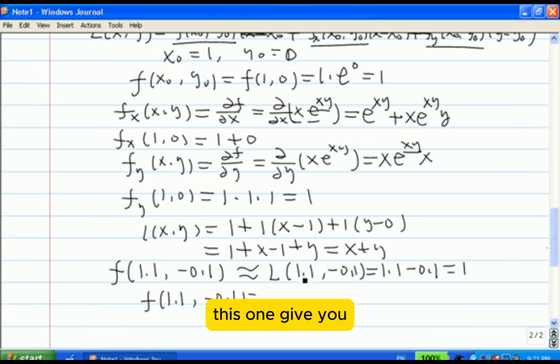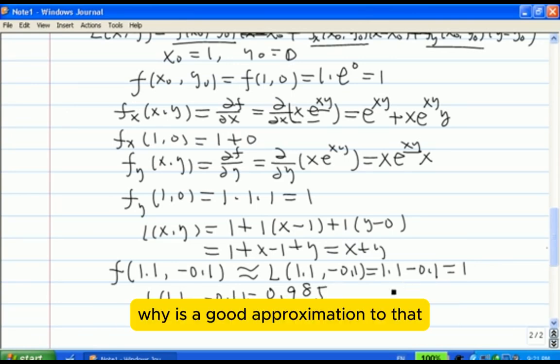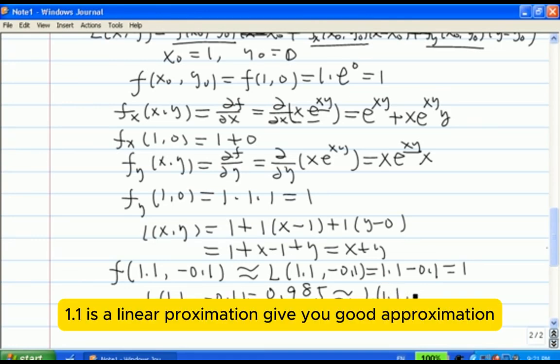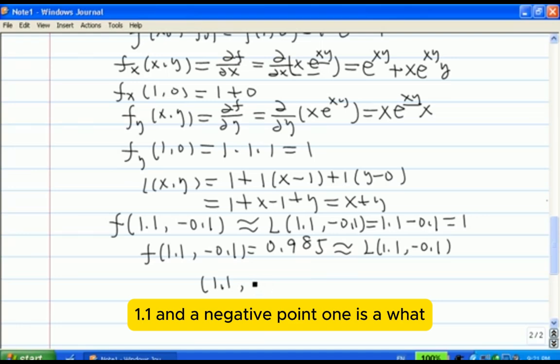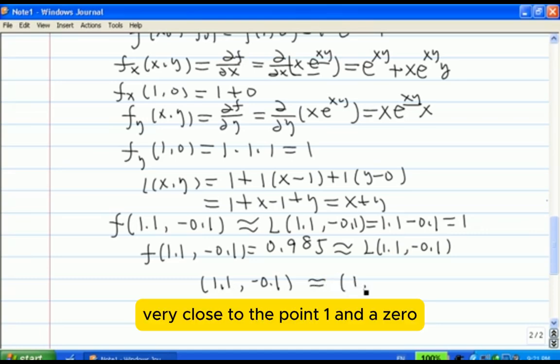This one gives you 0.985 something. Obviously, 1 is a good approximation to that. This time, L(1.1, -0.1), the linear approximation, gives you a good approximation. That's because 1.1 and negative 0.1 is very close to the point (1, 0).